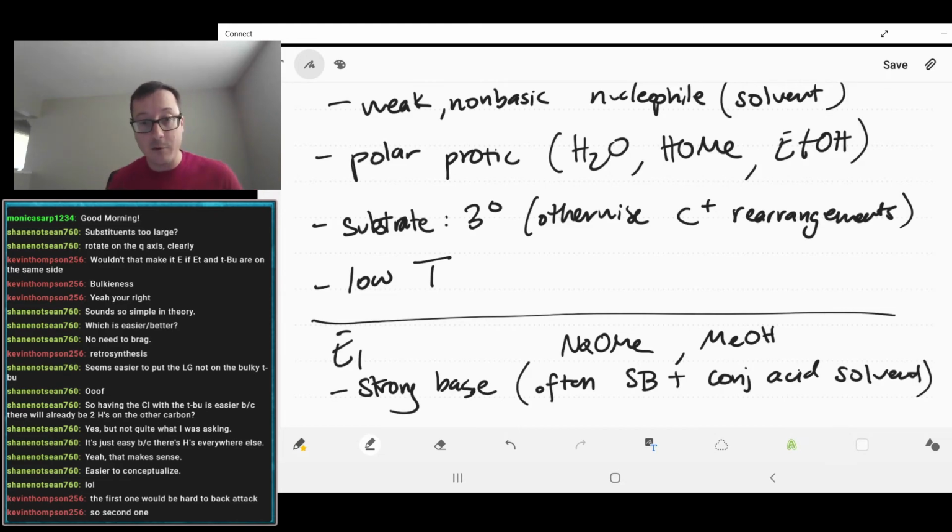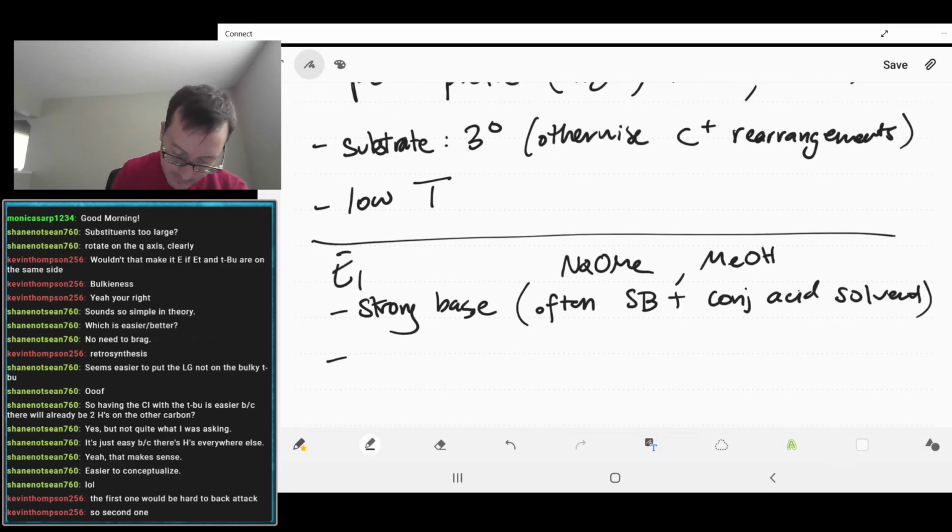You'll typically use both your conjugate base, or you'll use your solvent as the conjugate acid of your strong base. So methanol and sodium methoxide, ethanol and sodium ethoxide. Again, you want your solvent to be polar protic, and you want it to be probably the conjugate acid of your base.